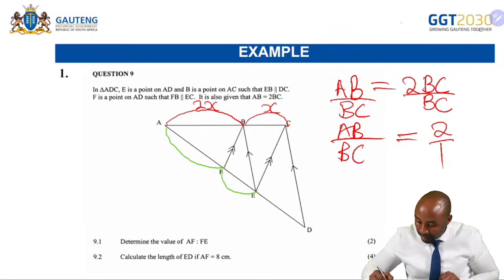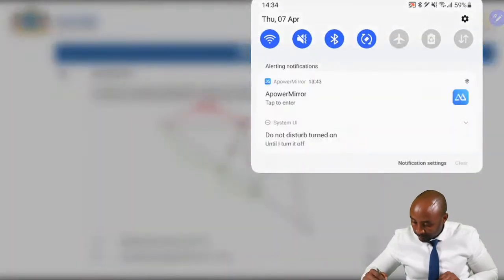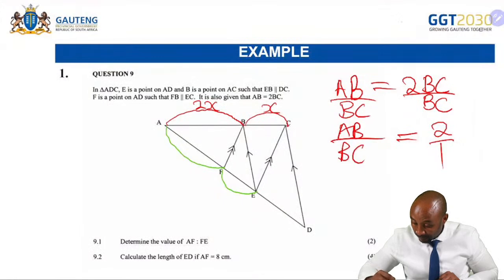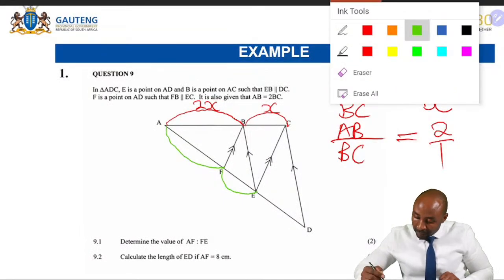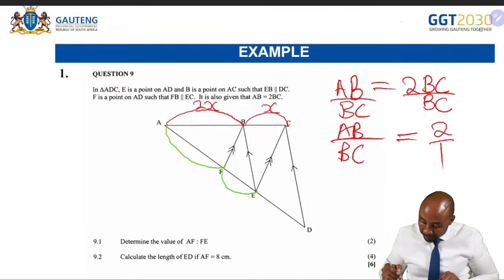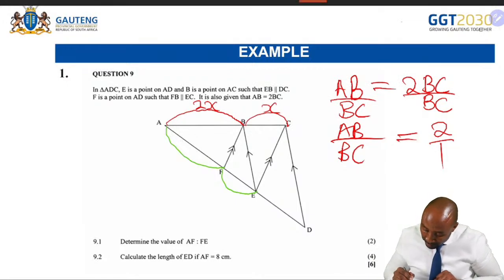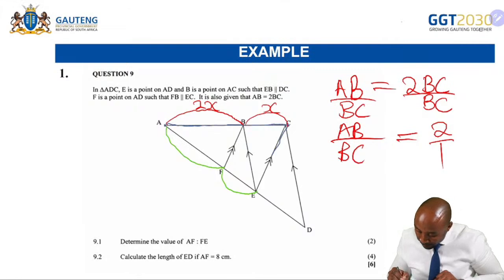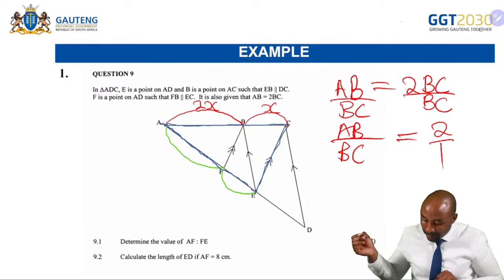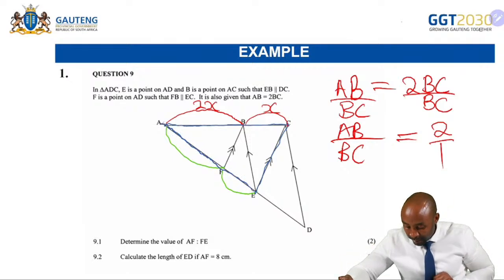If I decide to use triangle ACE, I think I'll be able to get the ratio AF to FE.